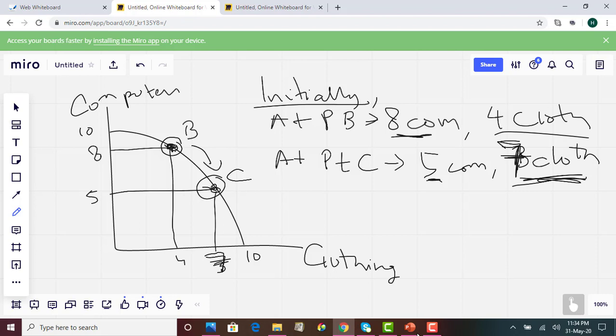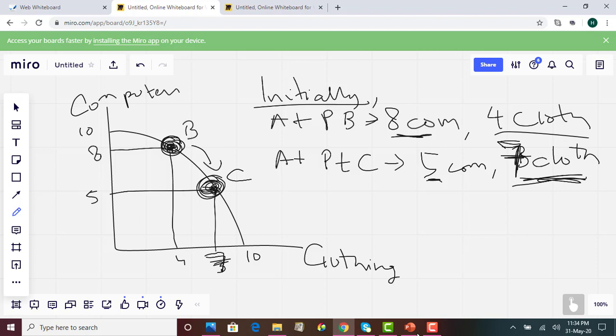Both point B and point C are productively efficient. In terms of the supplier side, the business side, they are efficient, but we don't have any information about consumer utility. So we do not know if consumers are happier at point B or at point C.